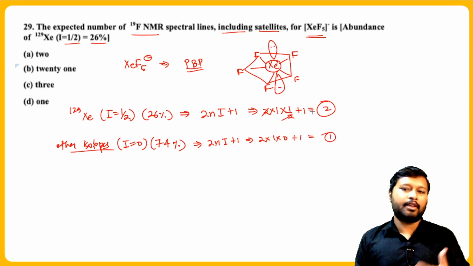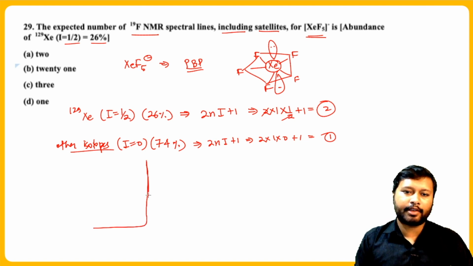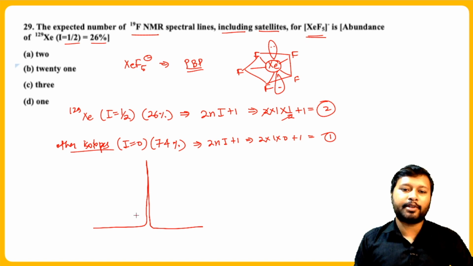Now the condition is quite similar to the previous example. The single peak which we are getting will be more abundant, of course. Why? Because it is 74% abundant, and that's why you get that major peak. The satellite peaks, the other 2 peaks, arise from the less abundant isotope, 26%, which is split over the two lines, so they will be 13% each, and this will be 74%.